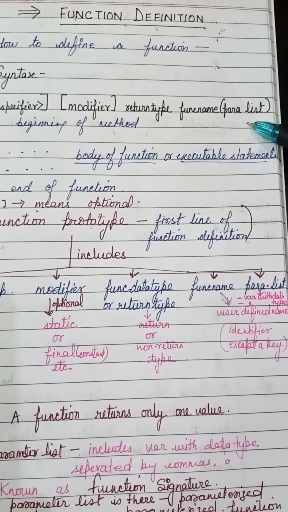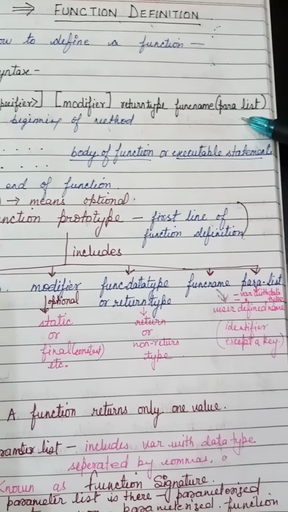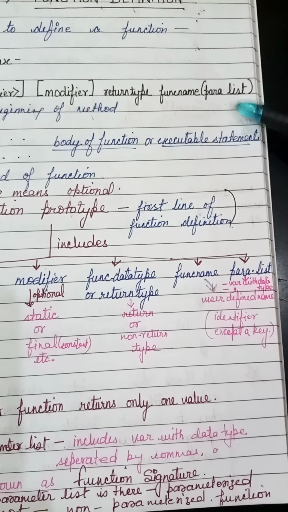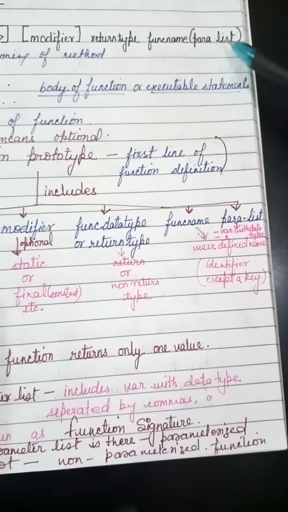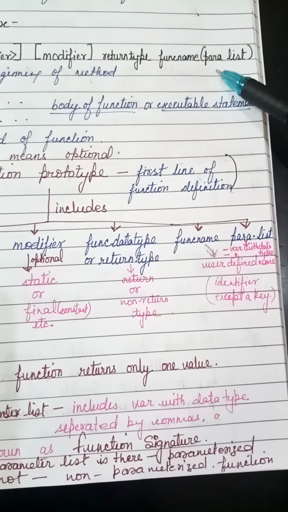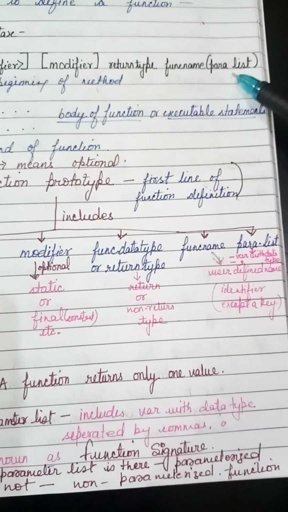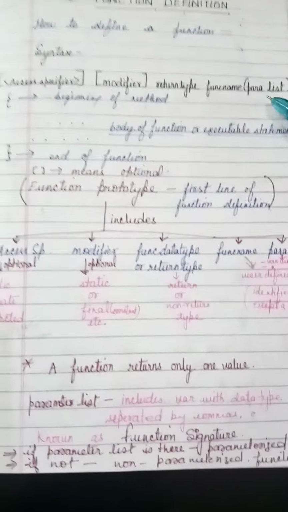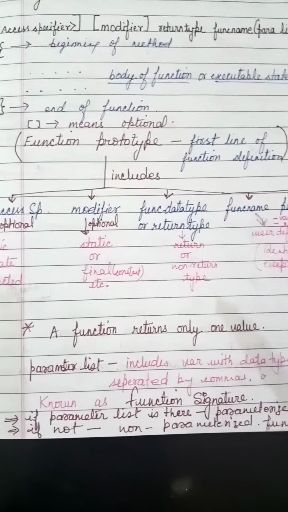If more than one parameter is there, then separated by comma. Here in the parameter list, variables and their type will be there. I will tell you later on. We will do the practice of programming.